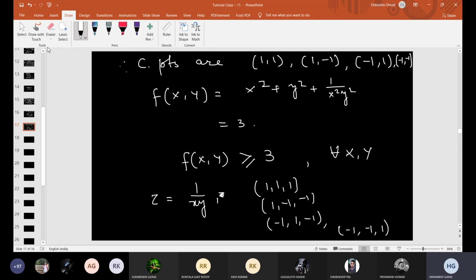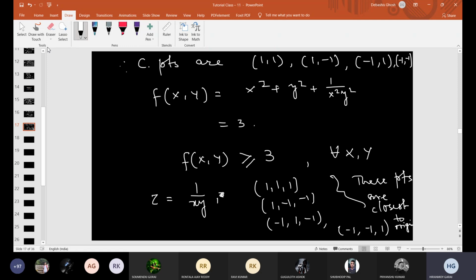So these points are closest to the origin. And the minimum distance we can find out, that is, f we have taken to be the square of that distance quantity.